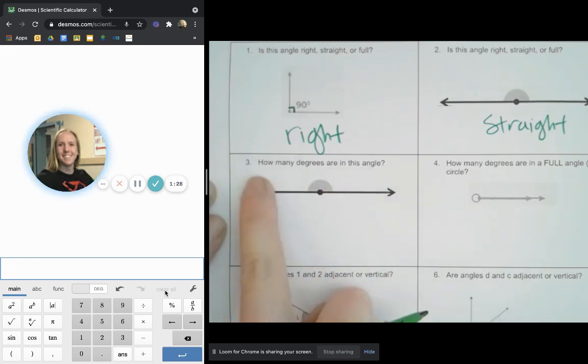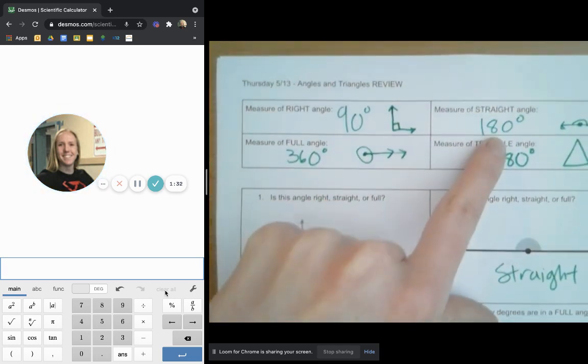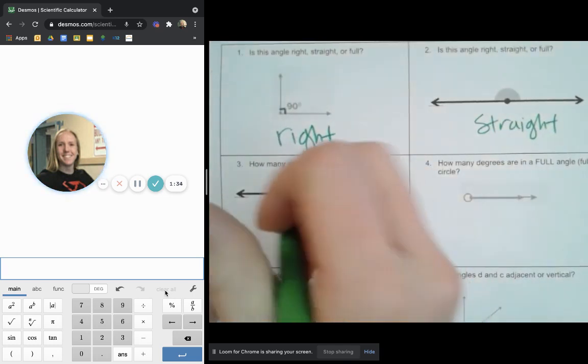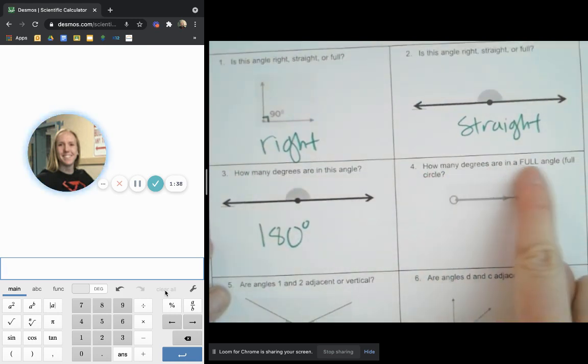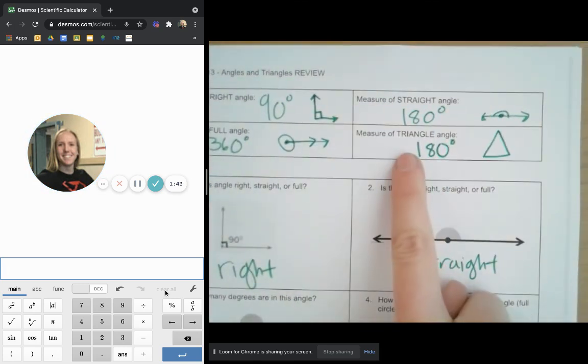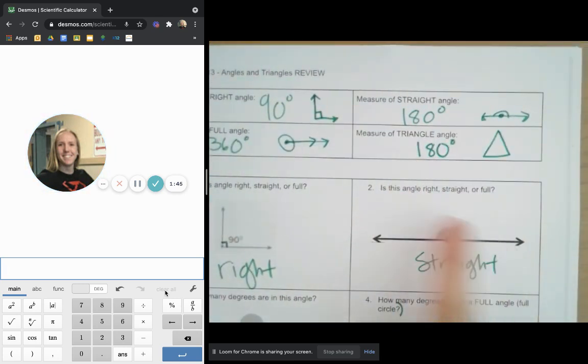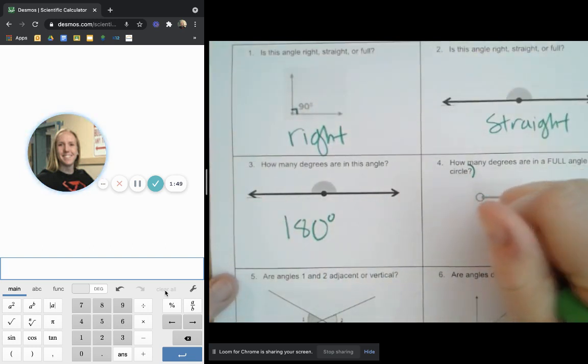We should know that any straight angle, like this one, has 180 degrees. How many degrees are in a full angle or a full circle? In a full angle, full circle, there are 360 degrees.